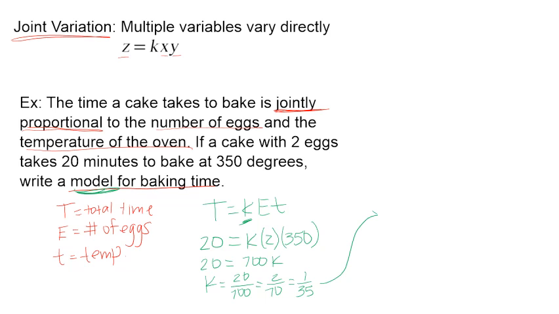So my final answer here is going to be that T is equal to 1 over 35 times E times t. Okay, and you might have used something different. I'm looking at my notes from last year and I used like B for the total baking time. Use whatever variables work for you.